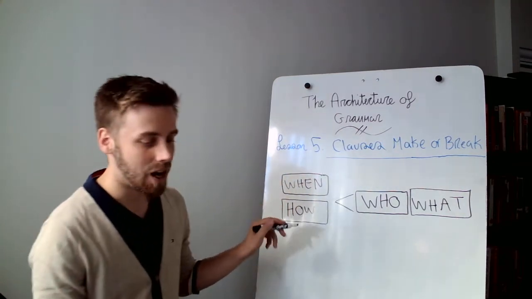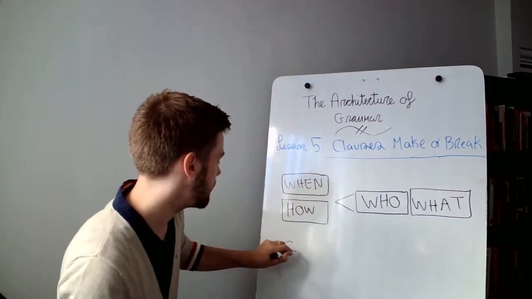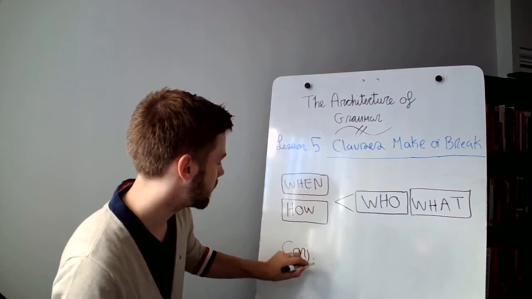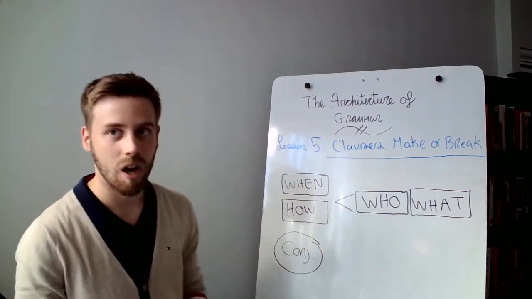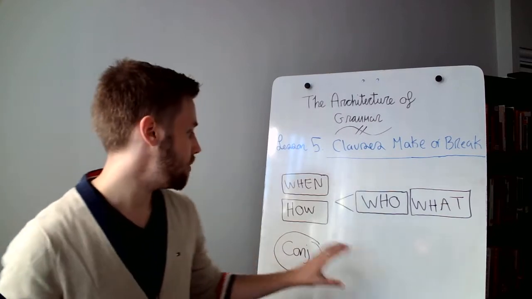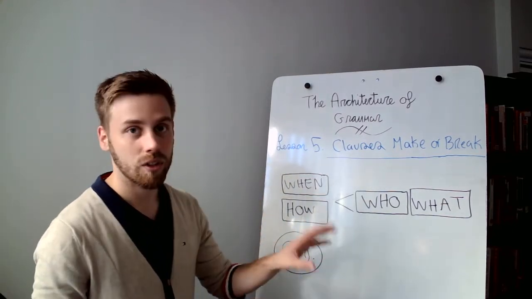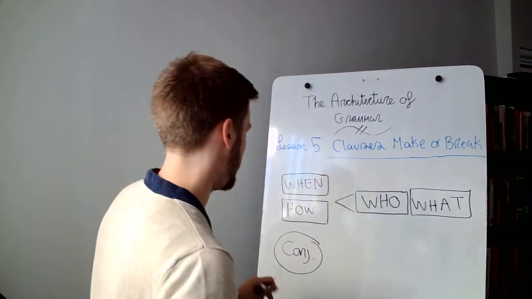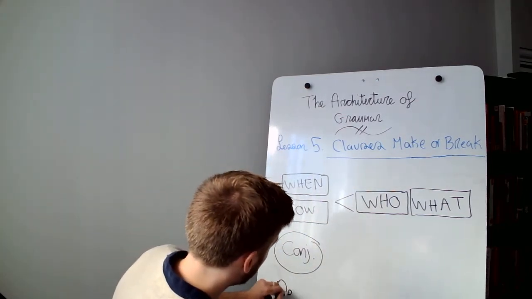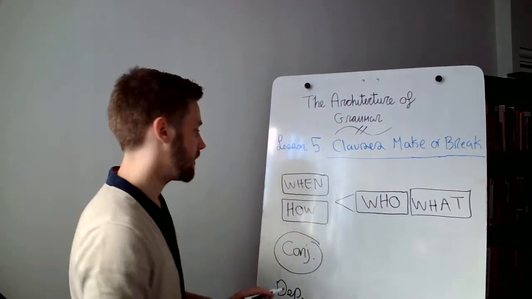The when or the how, if a conjunction, and this is important, if it's not a conjunction, it's not going to be setting a condition, it's not going to make it a dependent clause. So this is important to understand. That's what makes it dependent.